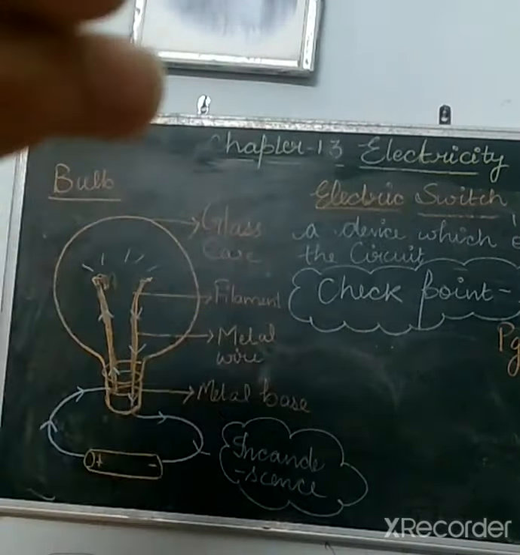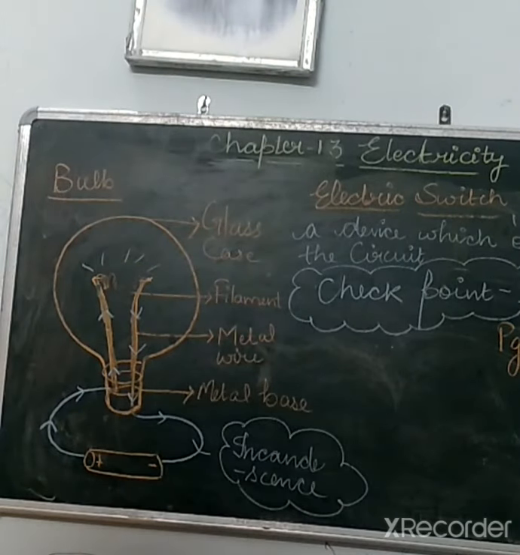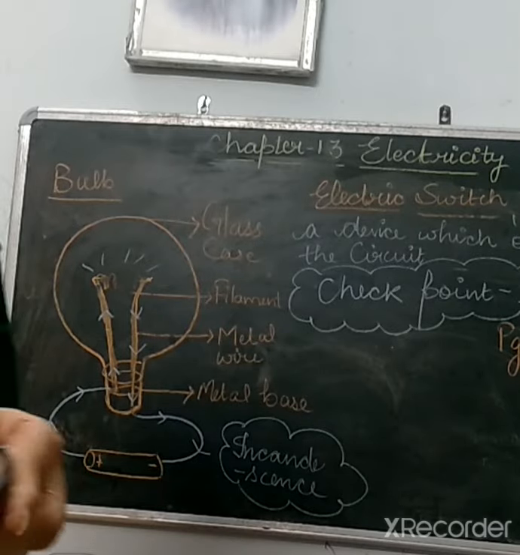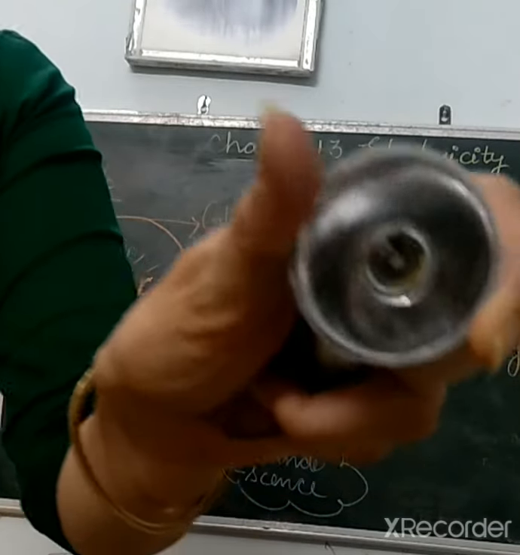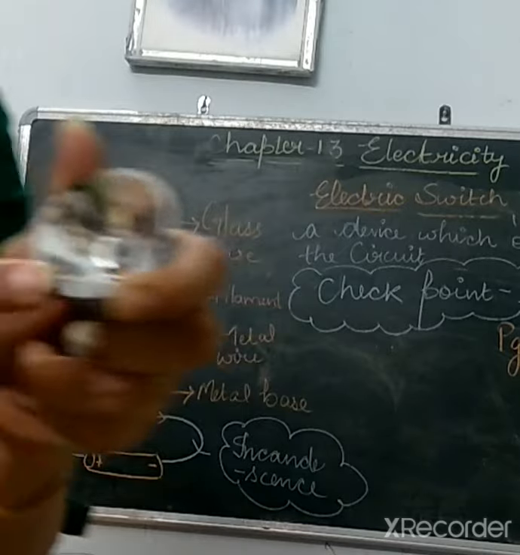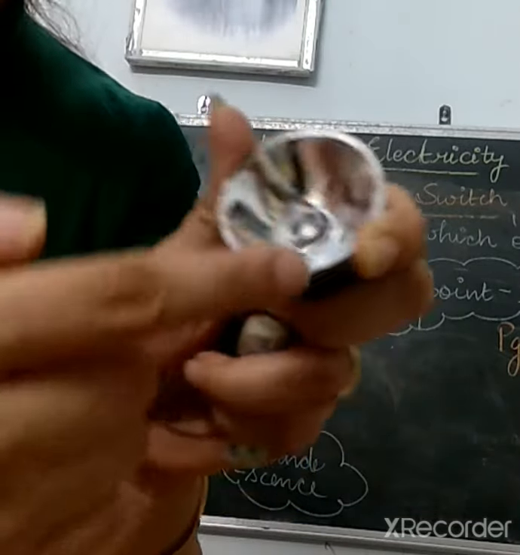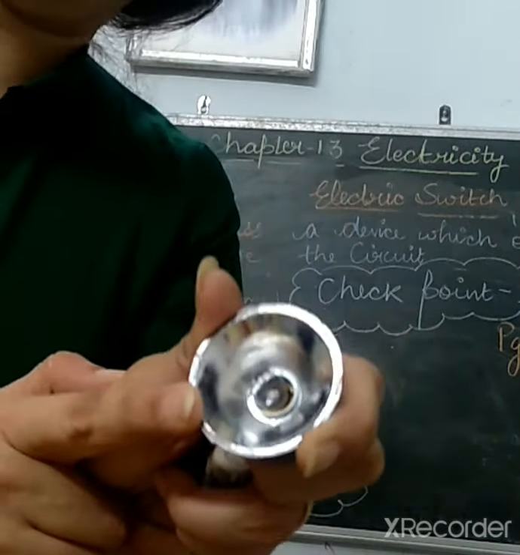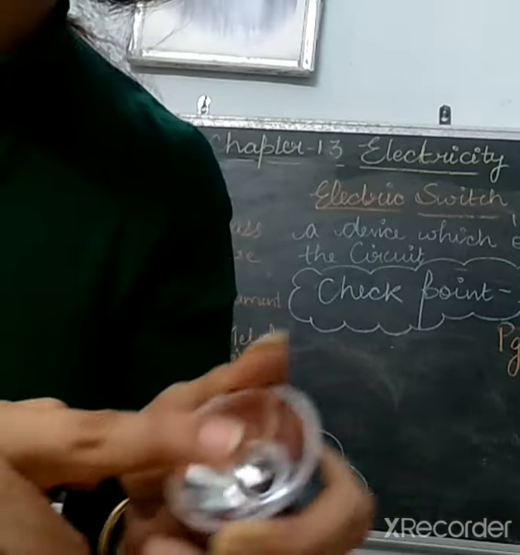We call it the lens. Now next I have this structure like in the torch. So this silver-like structure which has a cone shape, we call it the reflector, and this one is the bulb, right?